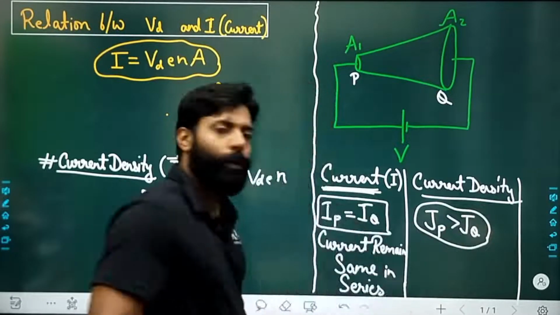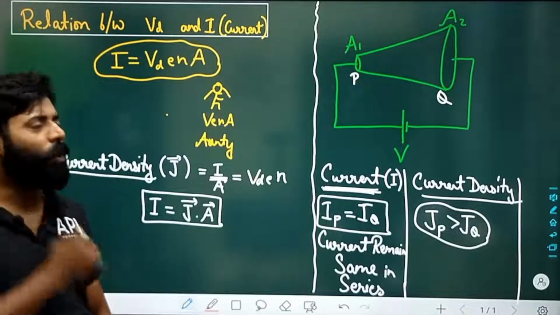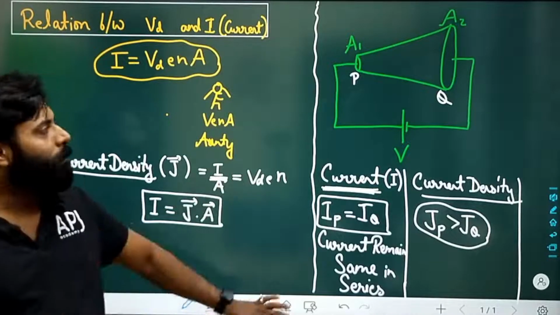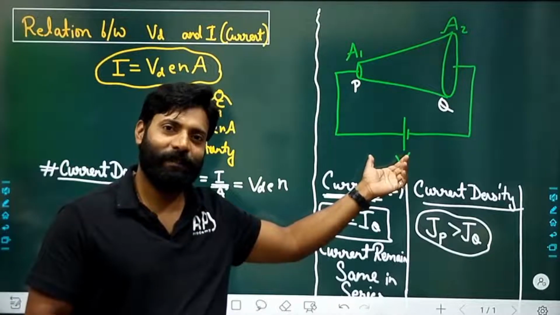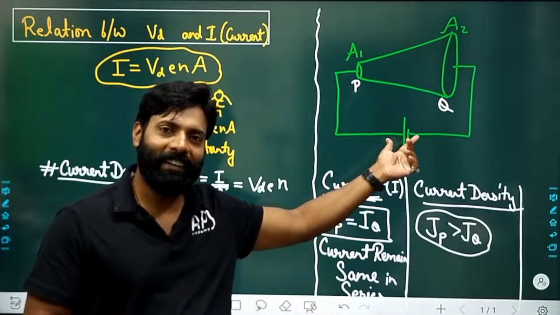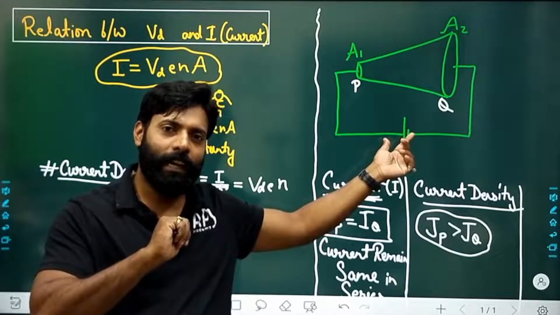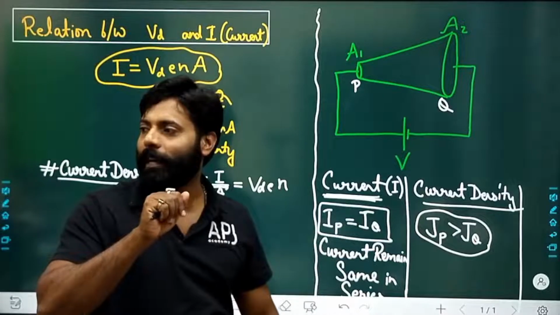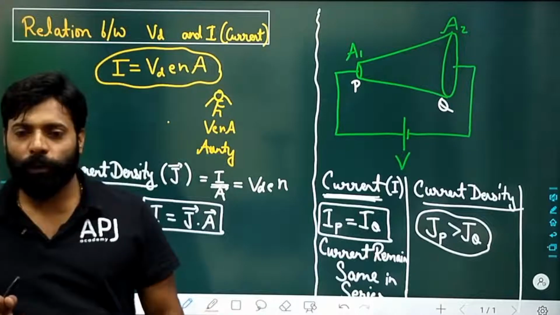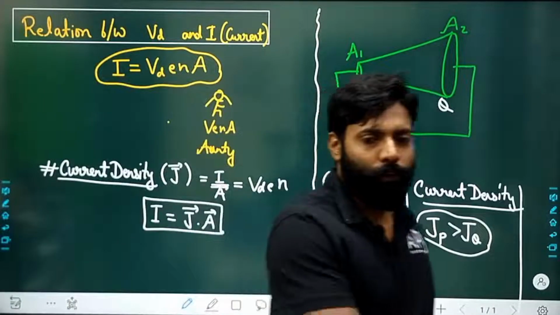How many of you are able to understand this? And there is one homework for you. You have to tell me where the potential will be high. You will find out from the positive and negative terminals. Where will the potential be high? This needs to be found out. And where will the electric field be high? This is also one question for you. So that will be homework for you.